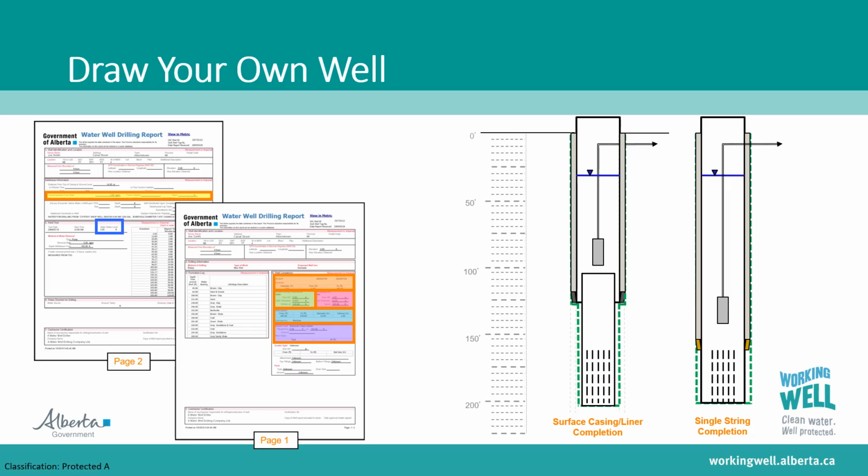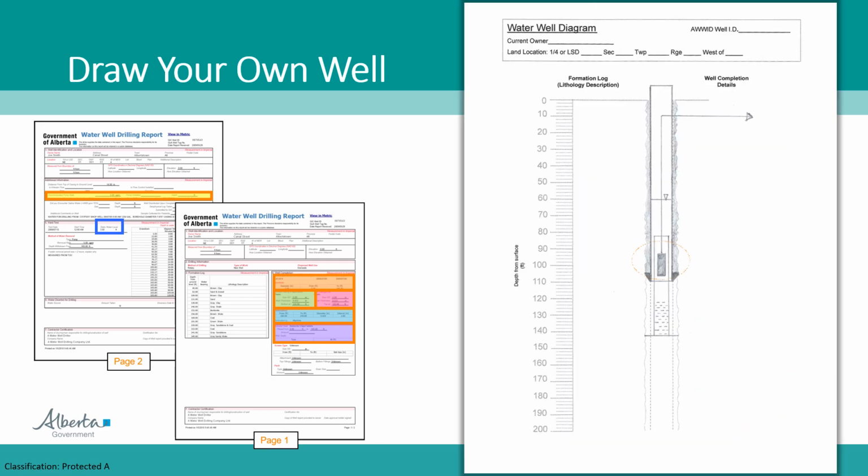If you do have pump installation information, there will be a depth on there of where the pump is located. To draw that in, you want to draw a small rectangle. You can shade it in to show that's the pump, and then a line up and out of the well. That's the water line. That's how the water is getting to wherever you need it to go.